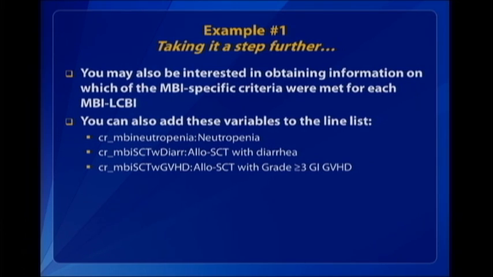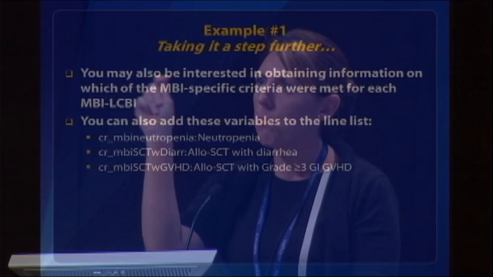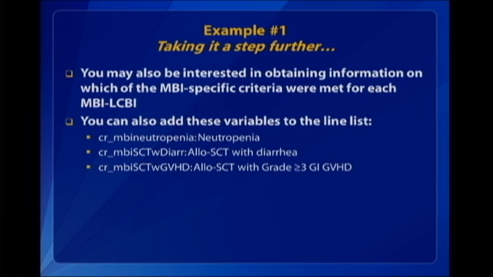All of the criteria, when you enter an event into NHSN, you have to match the algorithm and the definition. You have to put in and check the boxes for all the criteria. So those variables and those criteria are available to you in the line list. They all begin with CR_. Those are our criteria variables, and these are the ones specific to MBI data.